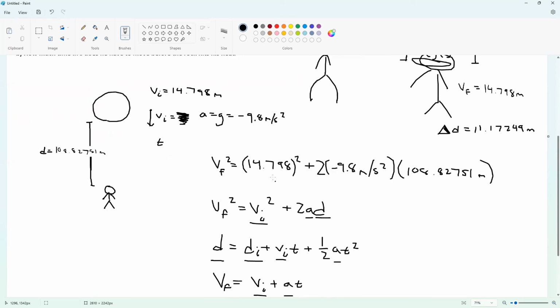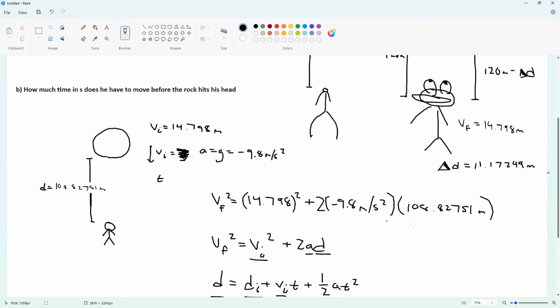The final velocity that it has is equal to the initial velocity it has plus the velocity it gains over the distance it accelerates. And it is accelerating in the same direction as its initial velocity. So this right here is going to add to our initial velocity.